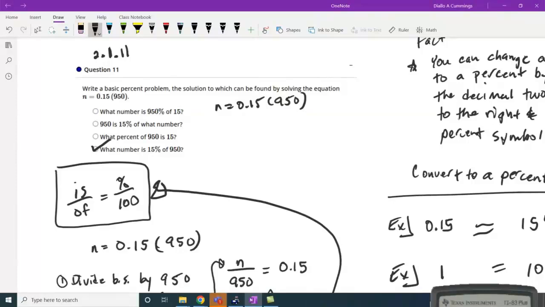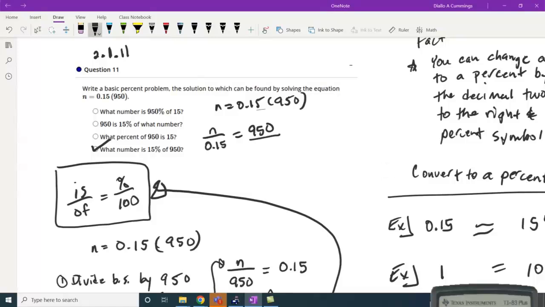If I divide both sides by 0.15, I have n over 0.15 is equal to, and on the other side I'm left with 950.